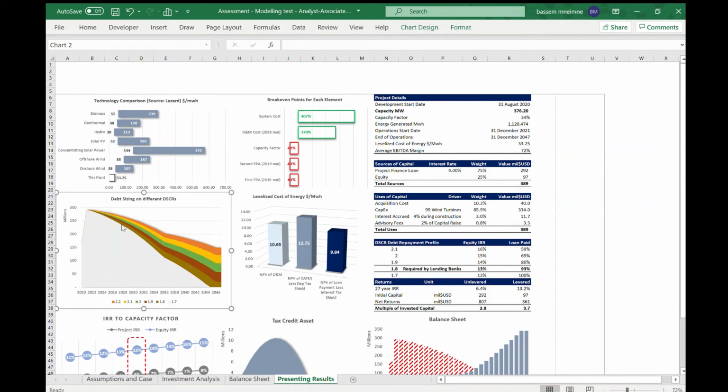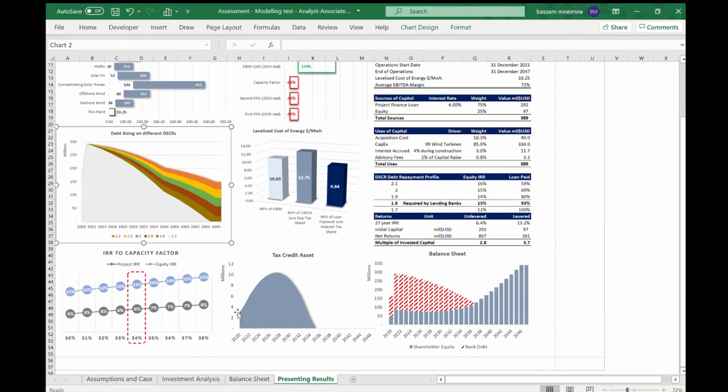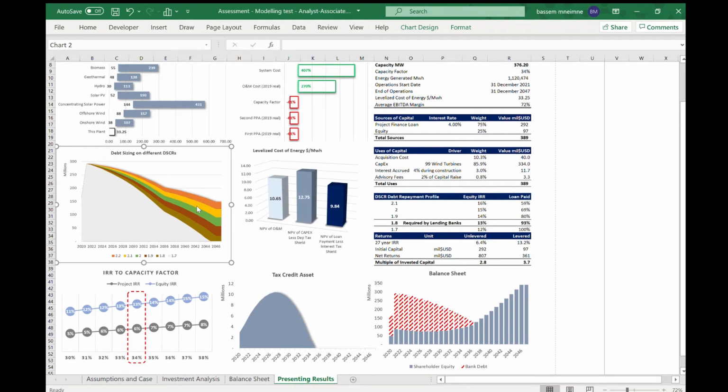So what this is telling you is that only for the DSCR of 1.7, the debt will amortize in 2045. So the debt tenor would be around 20 years. And it's nice to represent it this way. It shows an extra effort.